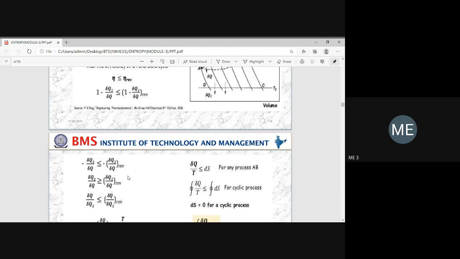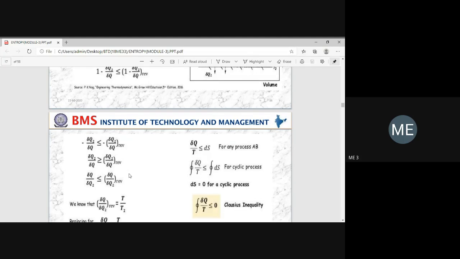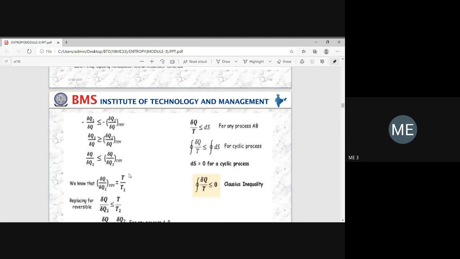Now I'm going to remove the minus on both sides. This is the most important step. Whenever you remove the minus on both sides, that is, you express it in positive magnitude, the sign varies.